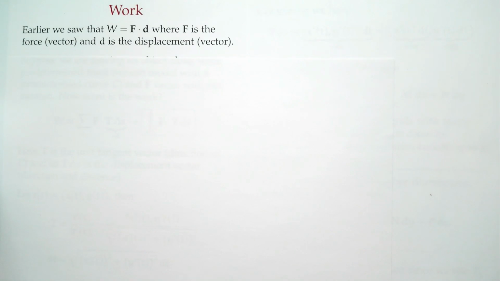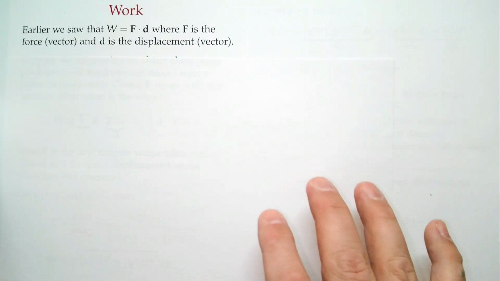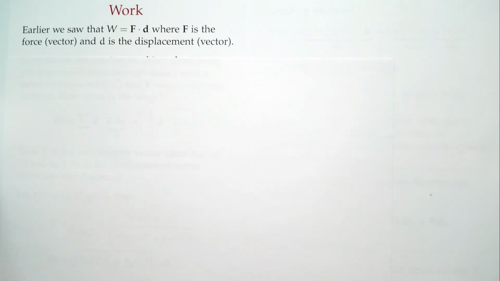We can introduce vectors into this and say work is the dot product of the force vector and this displacement vector. So D is how much the object that's being acted on moved. So it has sort of two components to it. In which direction did it move and how much did it move?